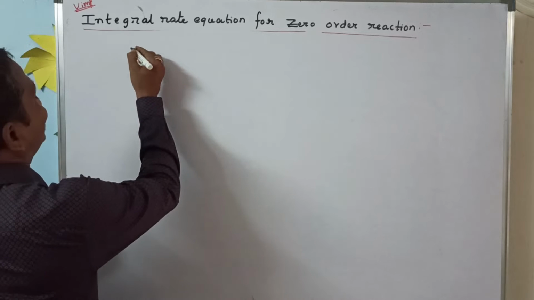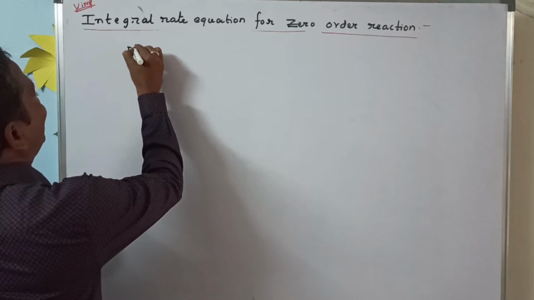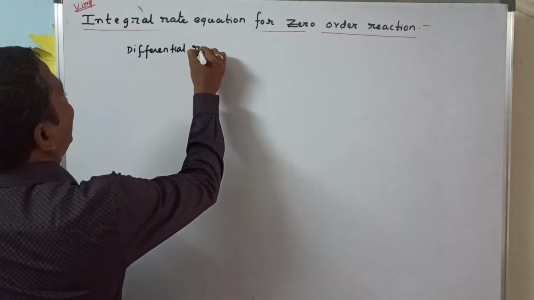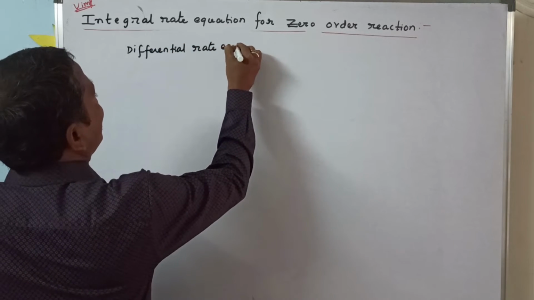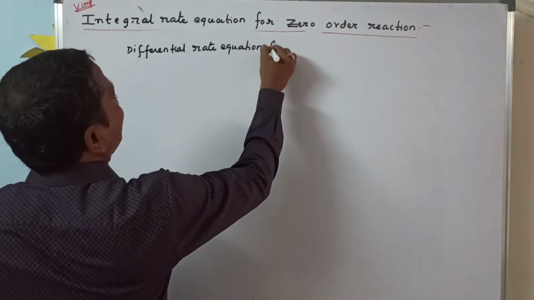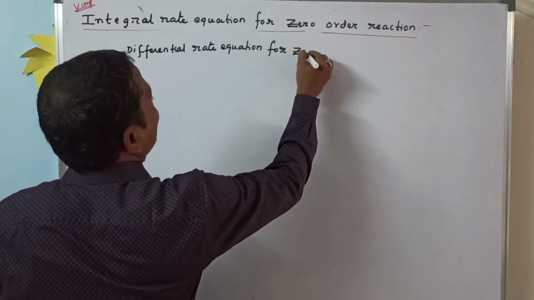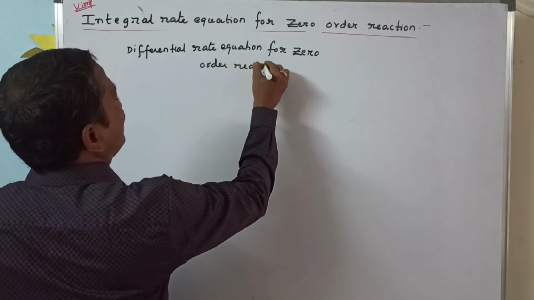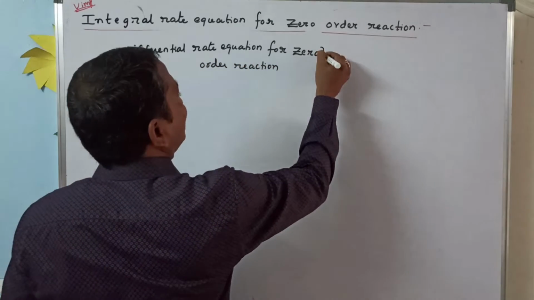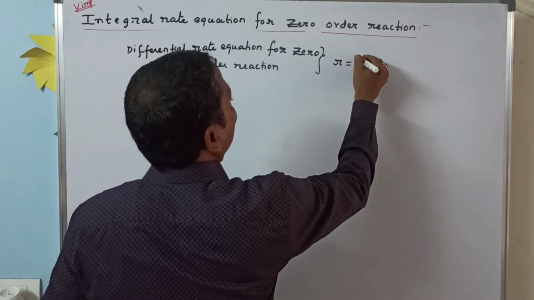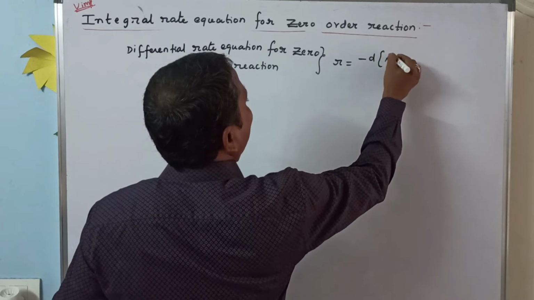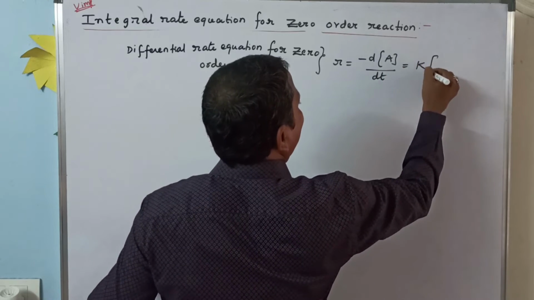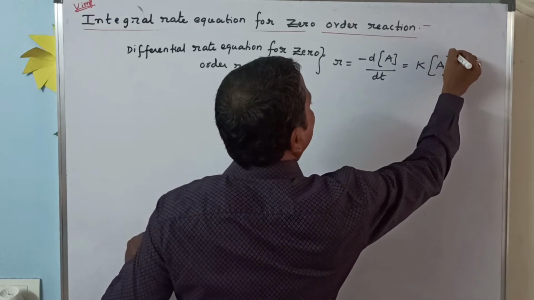First we should write the differential rate equation for zero order reaction. That is R is equal to minus d[A]/dt, which equals k into [A] power 0.